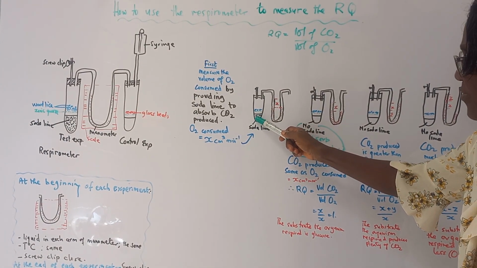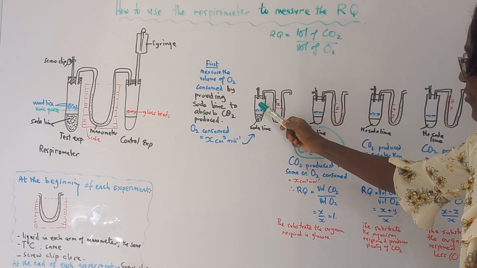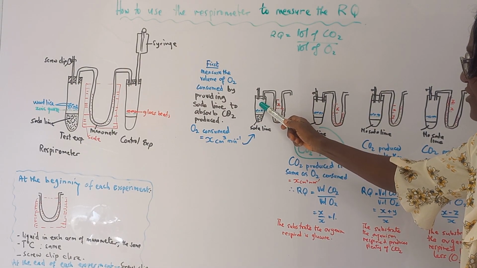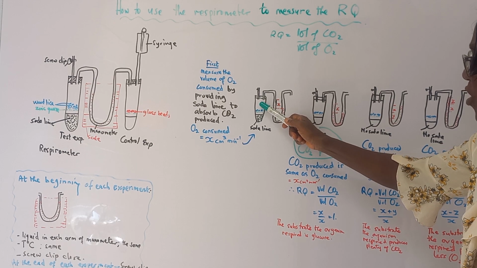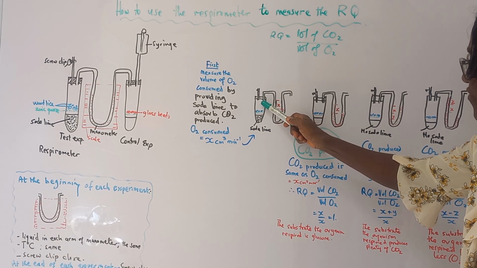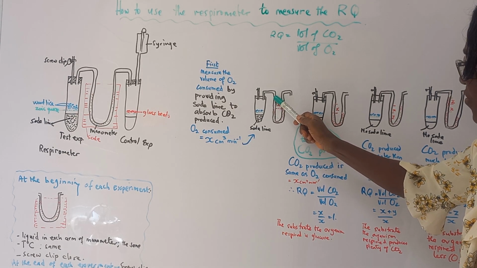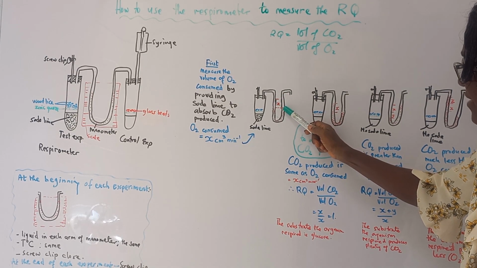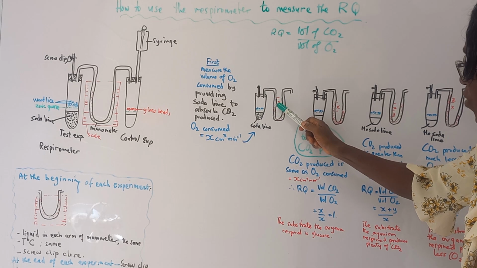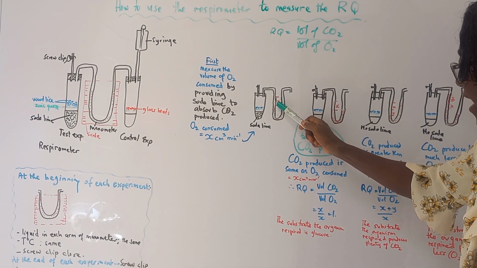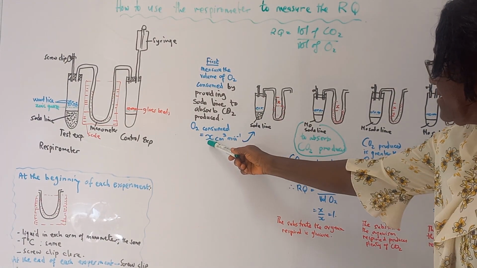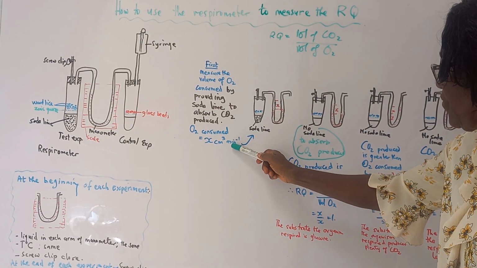Soda lime absorbs the carbon dioxide, and so the pressure of air reduces because the oxygen is also absorbed for respiration, and the manometer level will rise up here as this pressure presses it down. So X will give us the volume of air consumed, and that is given as X centimeter cube per minute.